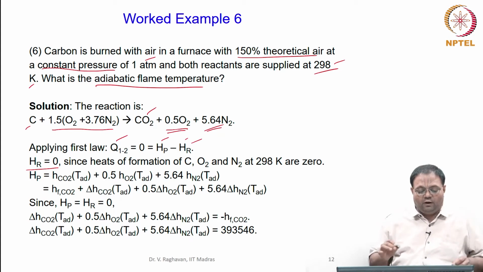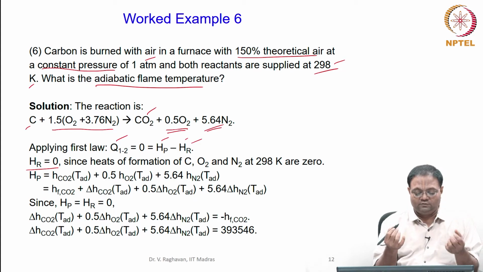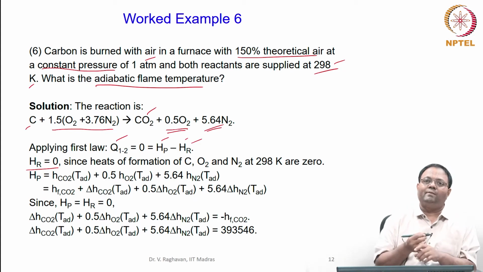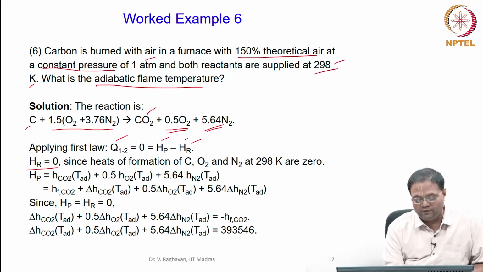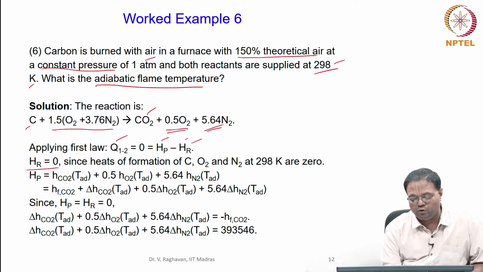Hp is at a particular temperature. So let us assume the adiabatic flame temperature is TAD. We have to assume a value for that. So 1 mole of CO2, HCO2 calculated at TAD, plus 0.5 kilomoles of HO2 calculated at the same temperature, plus 5.64 HN2.